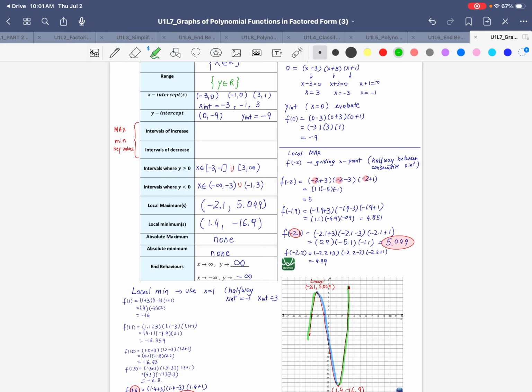So the x values where the increasing and decreasing intervals are separated from each other are at the maximum and the minimum. So we're going to say that increasing from negative infinity to negative 2.1 and increasing from 1.4 to infinity.